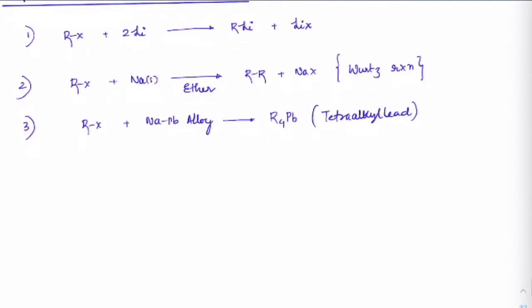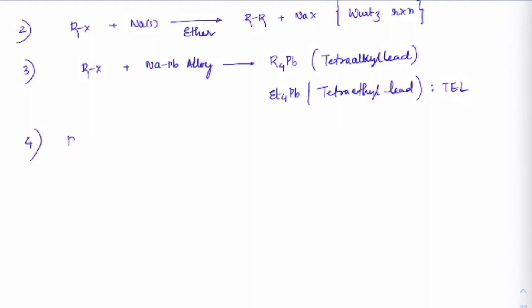In case it is Et, we call it tetraethyl lead, in short written as TEL. This used to be added to petrol in the petroleum industry. Now it's not; now it is completely unleaded petrol.